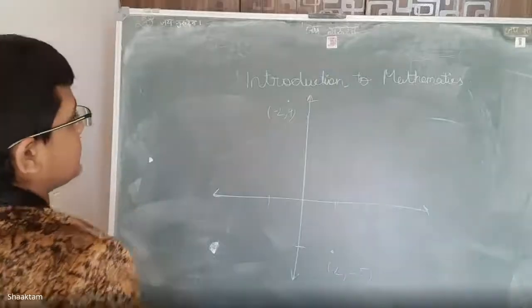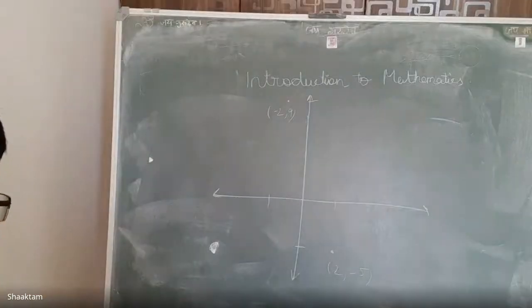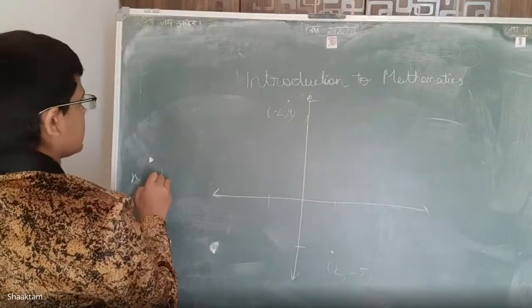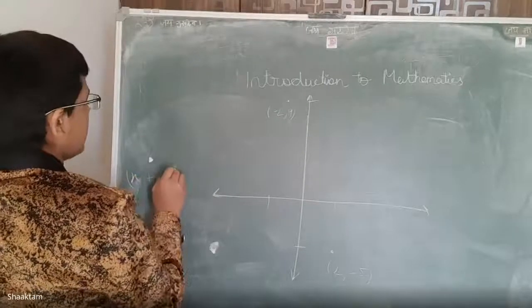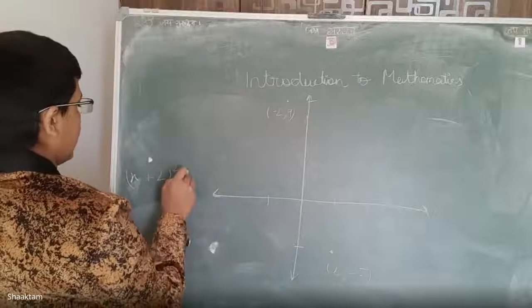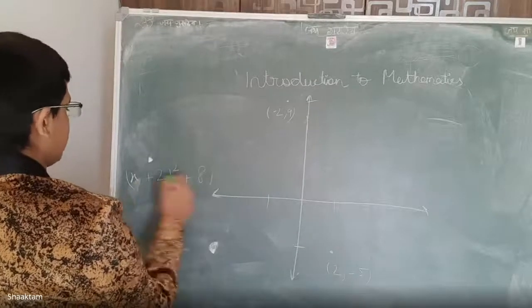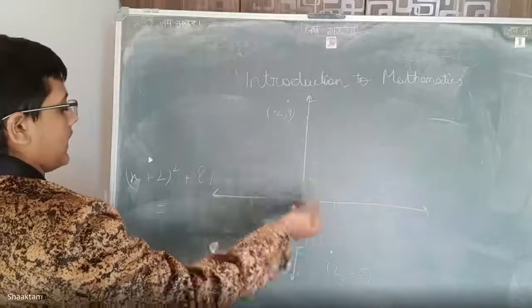Okay, so (x, 0). So you will get x plus 2 whole square and then 0 minus 9, so there'll be 81 under the root. I'm removing the root. And then that'll be similar to x minus 2 whole square plus 0 plus 5 whole square.